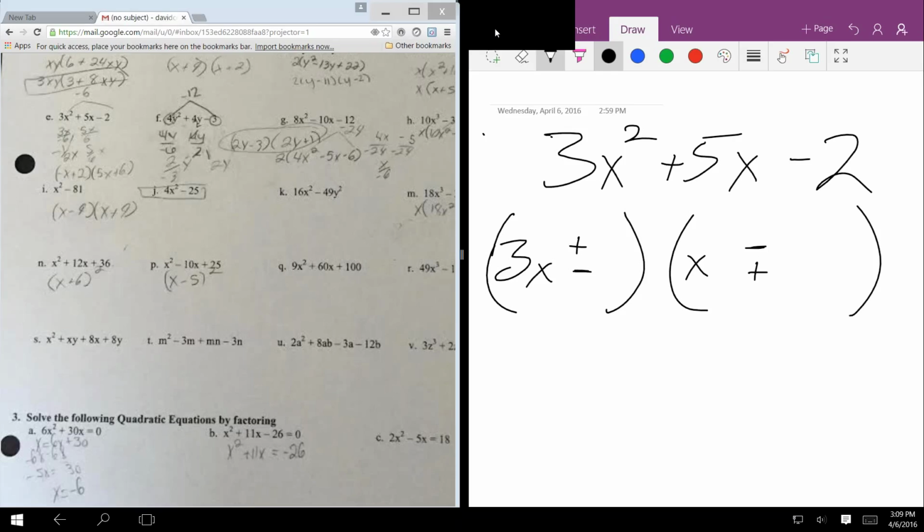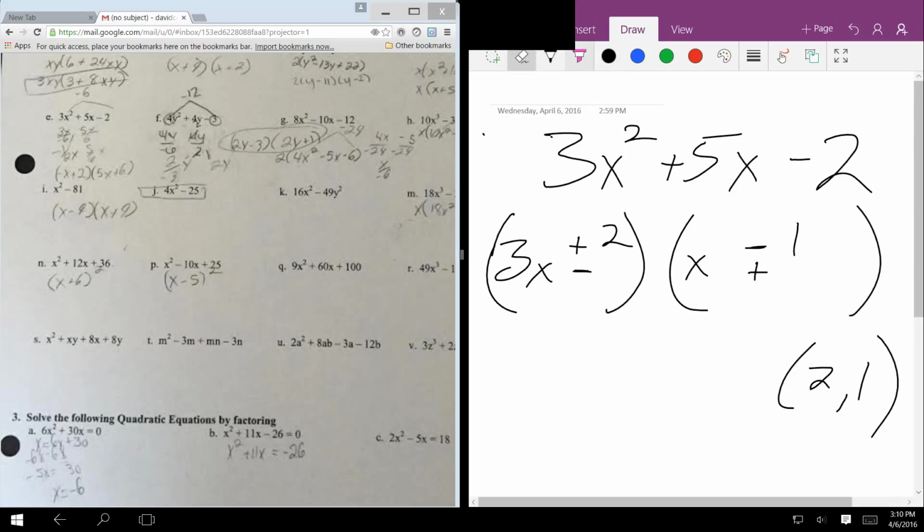Now, what are factors of 2? 2, 4, 6. No, just 2 and 1. When I say what are factors of 2, I mean what two numbers multiply together to give you 2. That's 2 and 1. That's it. So now it's a trial and error process. Let's try 2 and 1 right there.